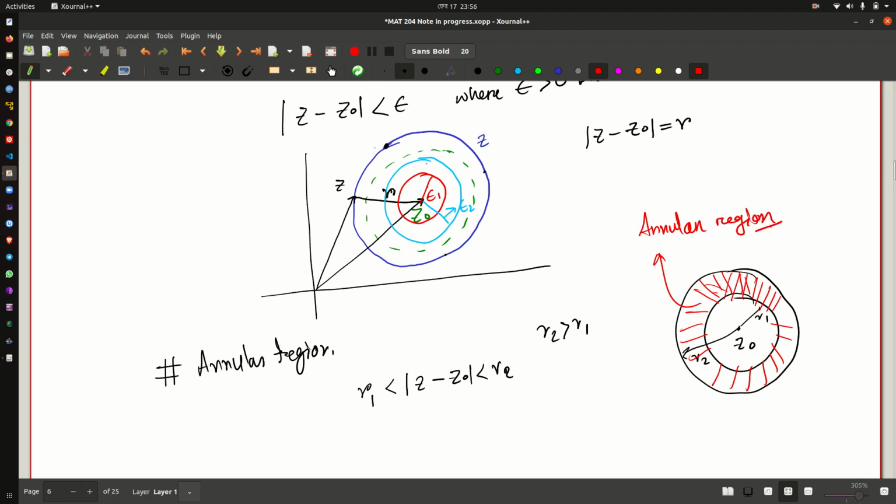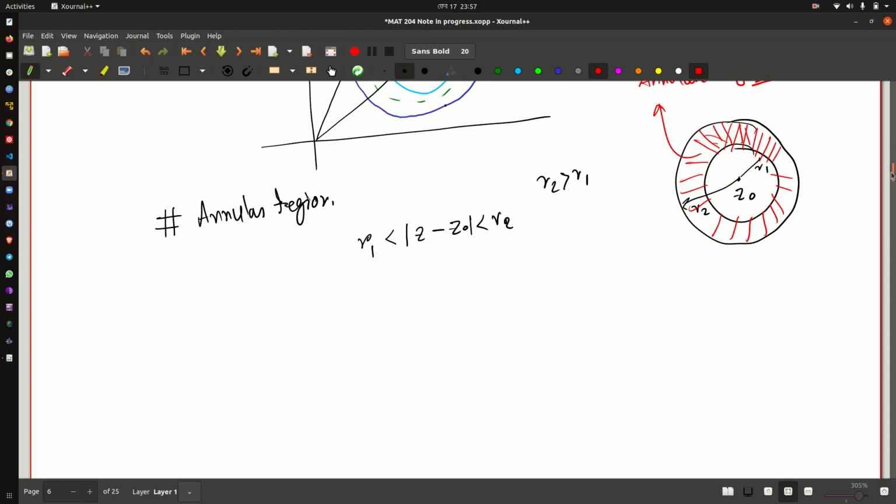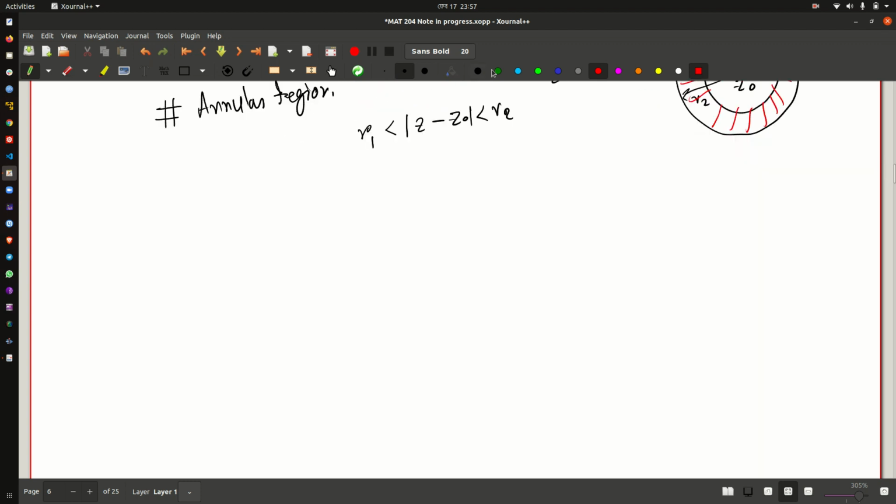Okay, now that we are done with the definitions of neighborhood and annular region, or let's say annulus, whatever you want to call it, let's move on to another important definition, that is interior points. So what are interior points?